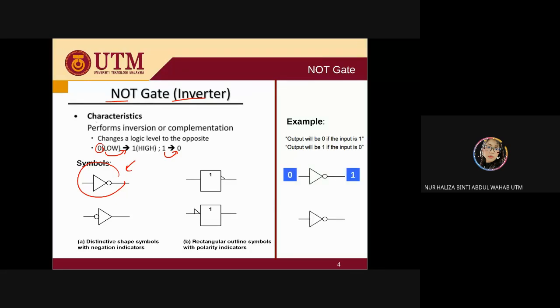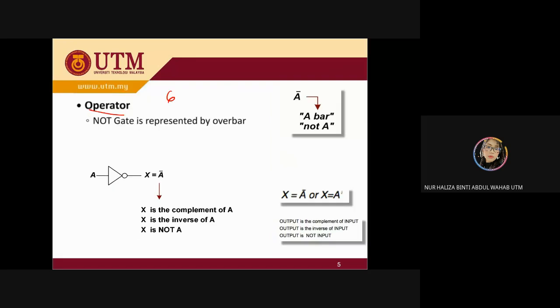So this one is the characteristic, symbol, and then you have the operation, which is an over bar for a NOT. And you can see this is the symbol and this is your output.